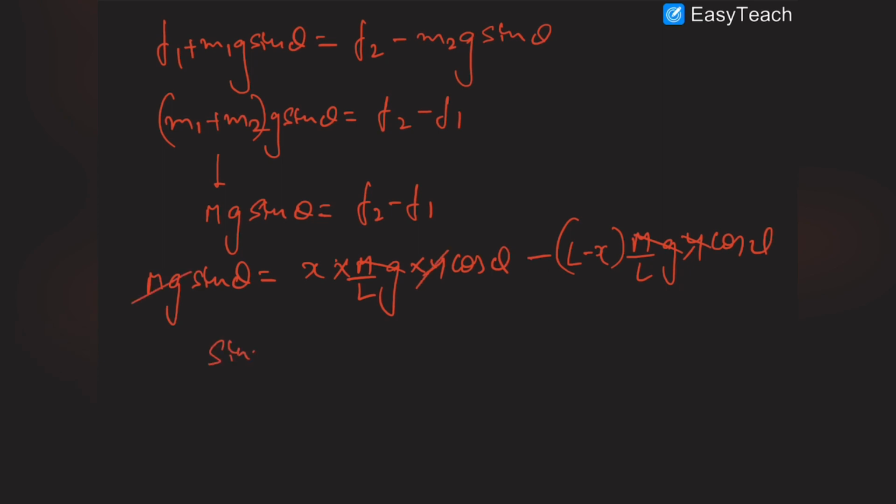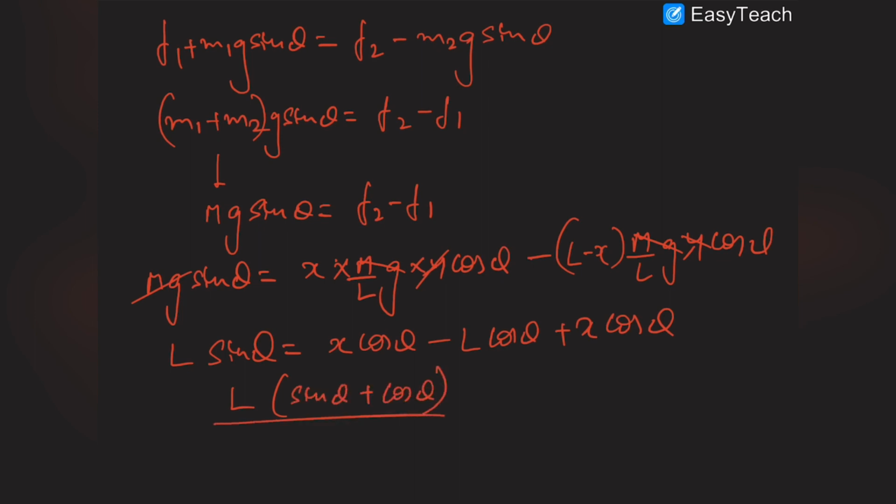So sine theta is equal to x cos theta minus L cos theta plus x cos theta. Okay, so L (sine theta plus cos theta) divided by 2 cos theta is equal to x, and x will be equal to L by 2 (tan theta plus 1).